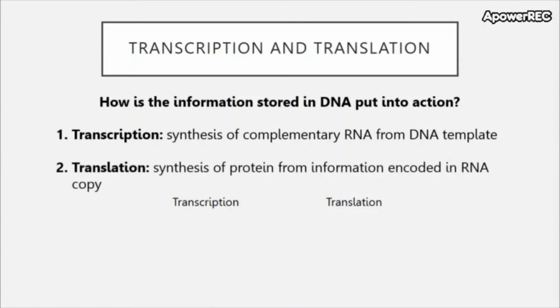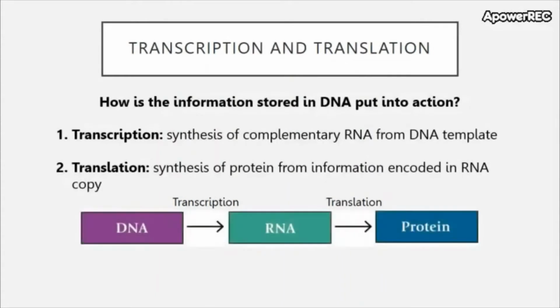This RNA strand is then used for translation. Translation is the synthesis of protein from information encoded in the RNA copy. So we can see those two main steps as DNA being transcribed into RNA and RNA being translated into protein.